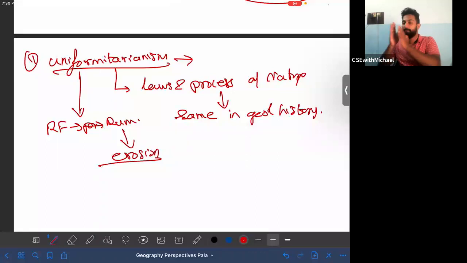The environment can affect the living beings, and conversely, the living beings can also affect the environment and change it. So it's a two-way process.